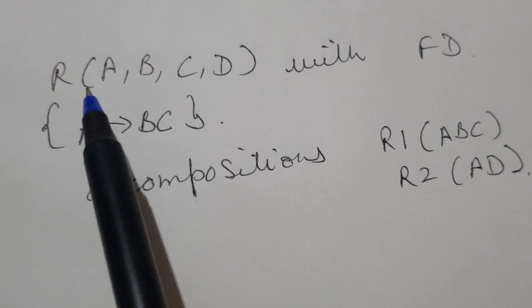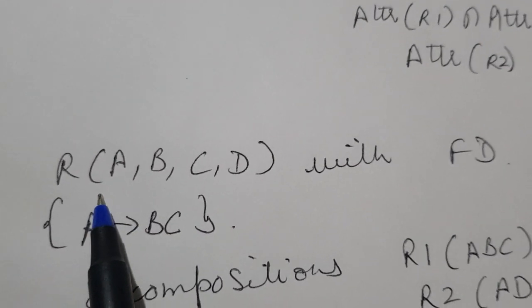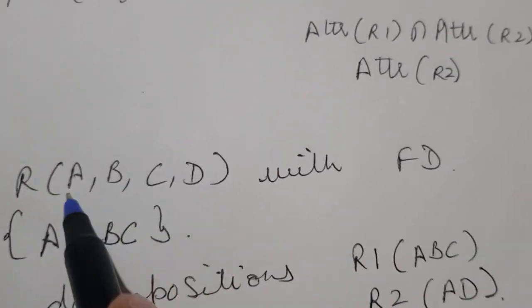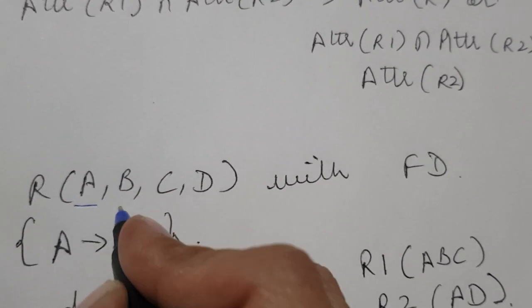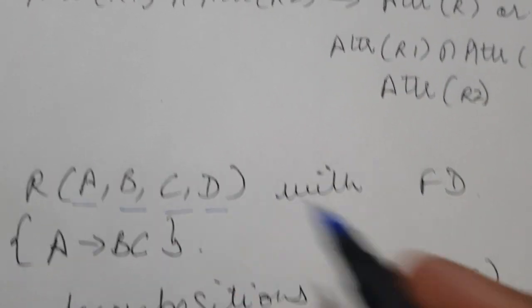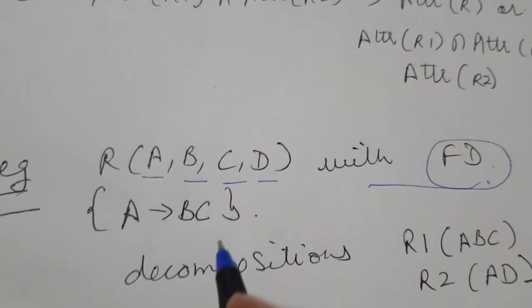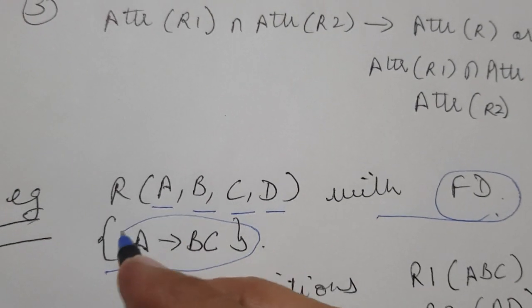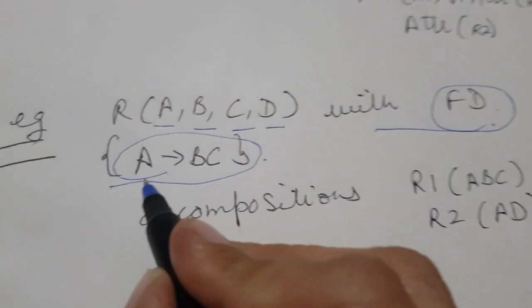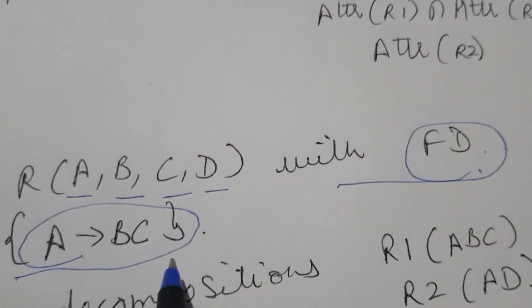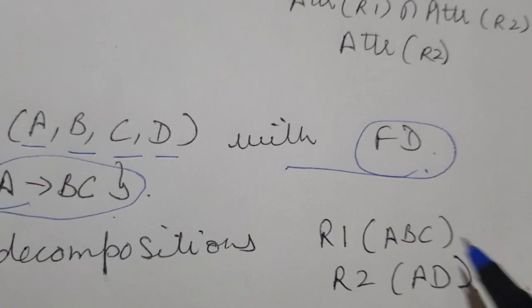Here we consider a relation R, the original relation, which has four attributes A, B, C and D. We are considering the functional dependency which says from A we can derive B and C. Now we consider two decompositions.